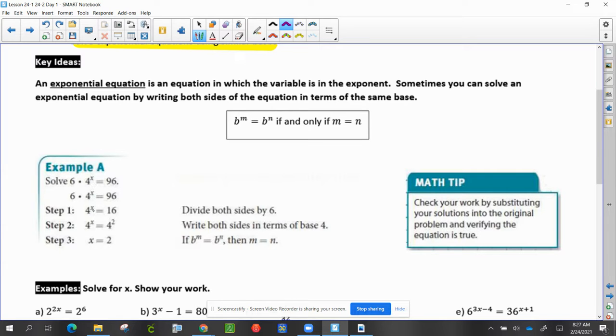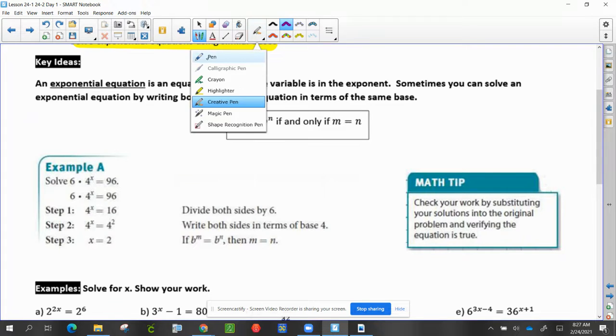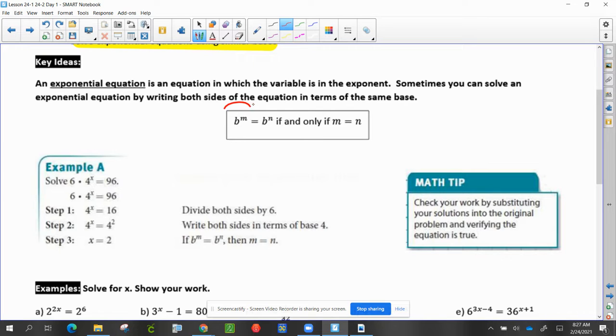We want the bases to be the same, so we can use this property: when we have the bases the same in an exponential equation, b^m equals b^n, that means our exponents are the same. So if our bases are equal, we can set our exponents equal to each other.